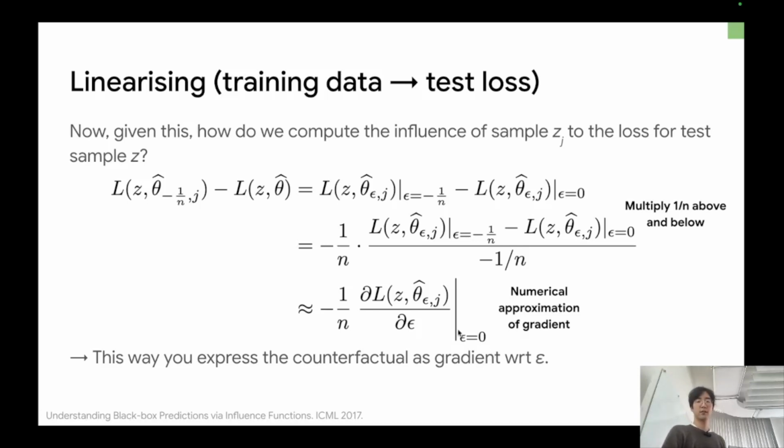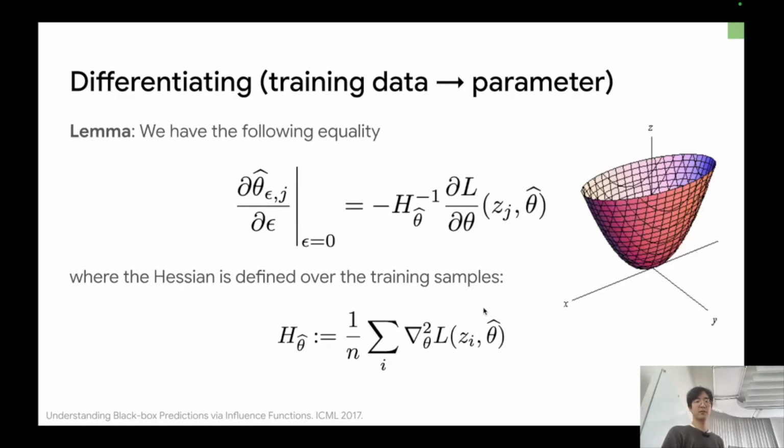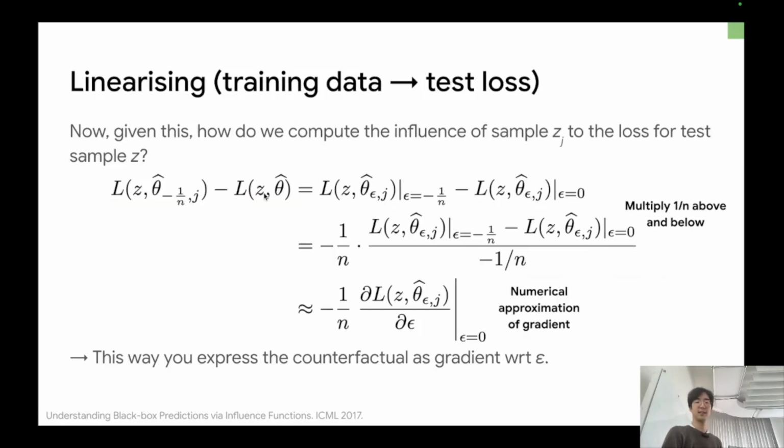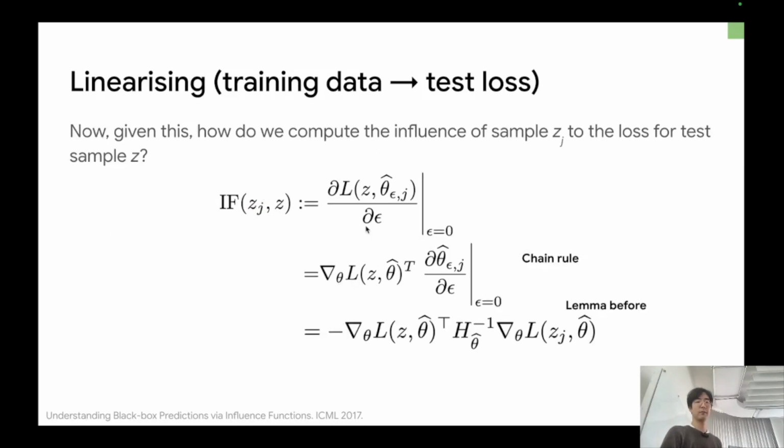Okay. So now this quantity looks quite similar to the lemma we had before, except that the quantity here should be loss instead of theta hat. But now we can apply the chain rule. So again, this is the quantity that we are interested in, the loss change against epsilon. And then we can break this down into these two quantities.